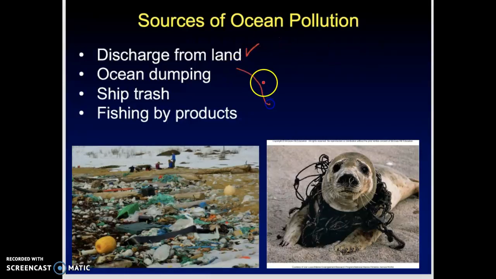So here's your coastal area, here's your land, give you a little house, and you take your boat out into the ocean and you dump your trash. Well, then that trash eventually just washes around in the ocean and follows the ocean currents and can wind up washing up shore, sometimes thousands of miles away from where it was originally dumped.